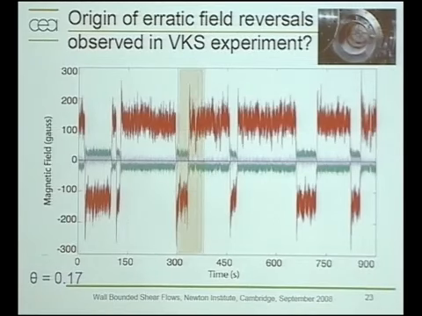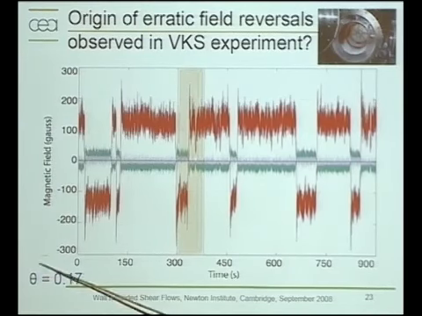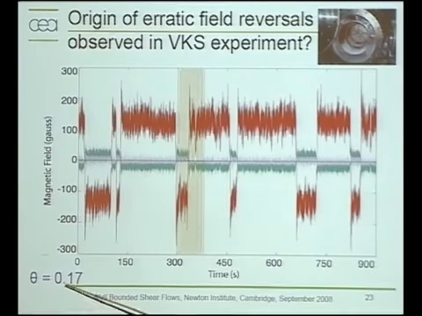And why I wanted to tell you about this slow dynamics is that in the von Karman flow, but with sodium instead of water, what do we see? First of all, we can see the generation of a magnetic field.